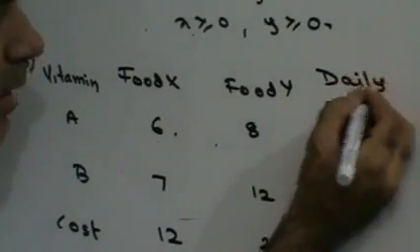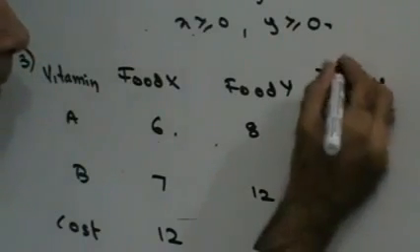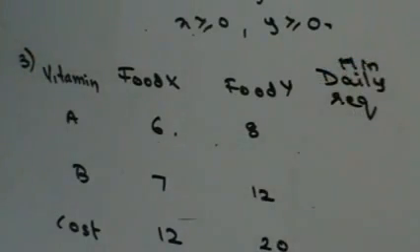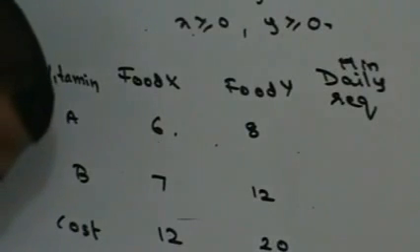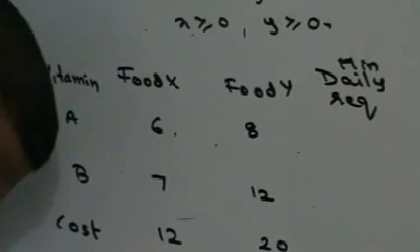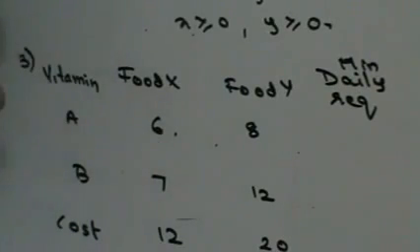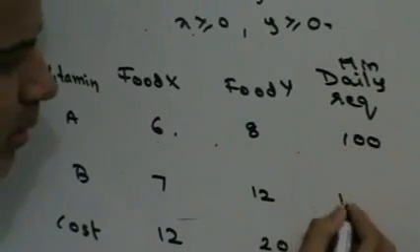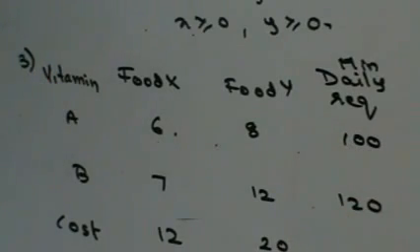The minimum daily requirement of vitamin A and B is 100 and 120 units.